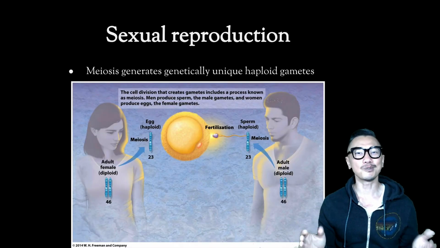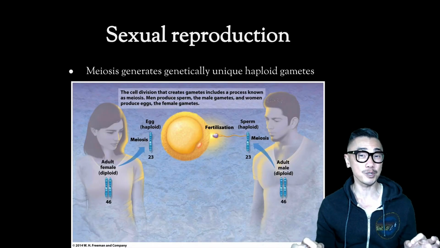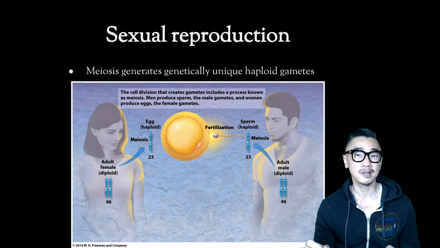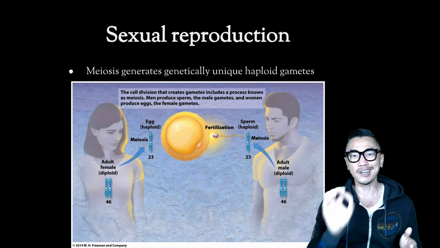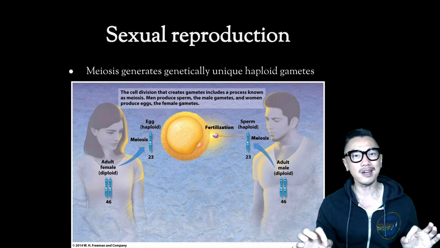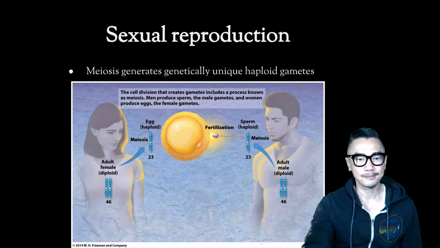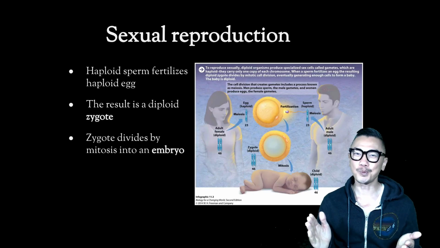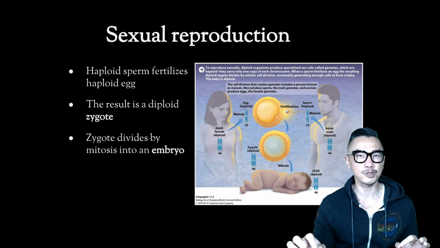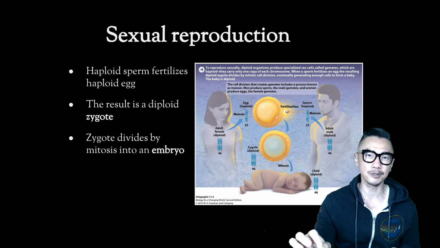In meiosis, we'll take cells that have 46 chromosomes and produce gametes that have 23 chromosomes. These gametes will be genetically unique from one another. This is how we create variety in our offspring. Sperm and egg cells are haploid, meaning they only have one set of chromosomes, or 23 in total.